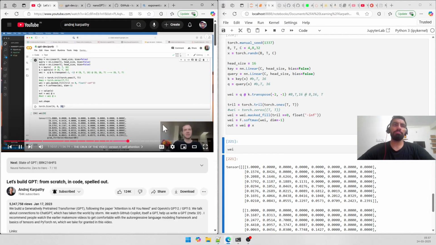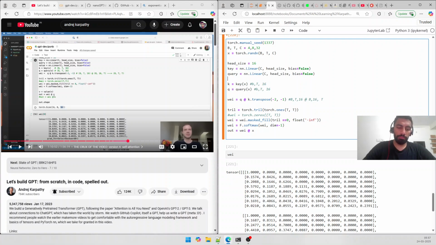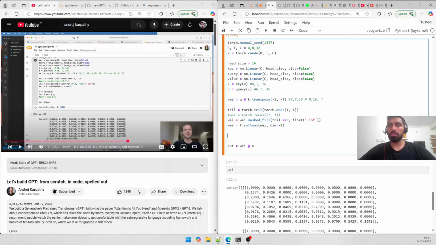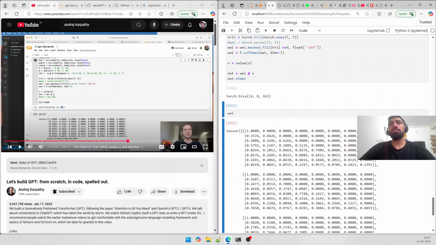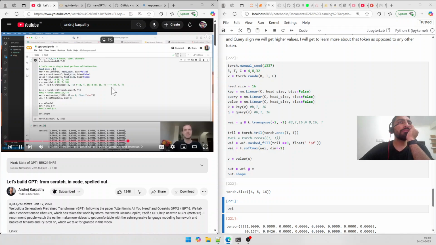And now, of course, this will make it so that the output here of this single head will be 16-dimensional because that is the head size.